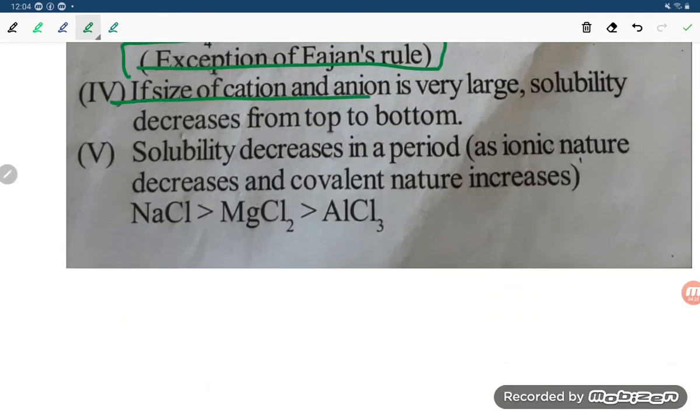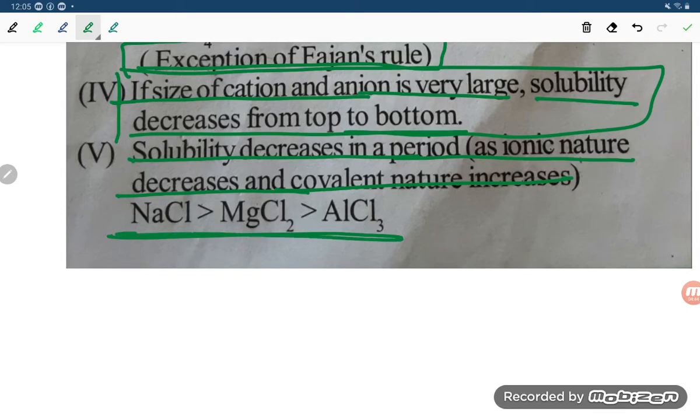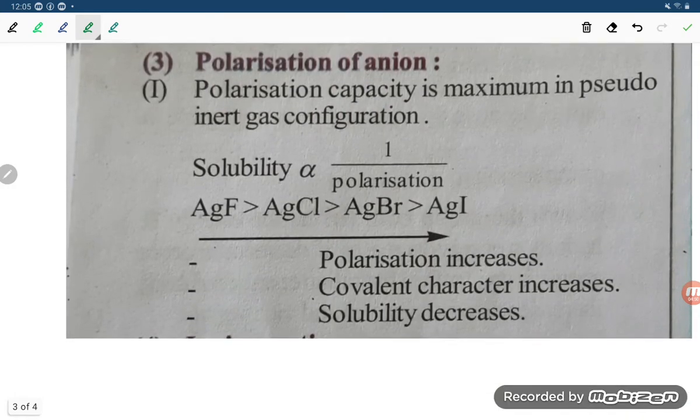If the size of cation and anion is very large, the solubility decreases from top to bottom because both are large, so the lattice enthalpy will be large. Solubility decreases in a period as ionic nature decreases and covalent nature increases, because the covalent character increases and ionic nature decreases.